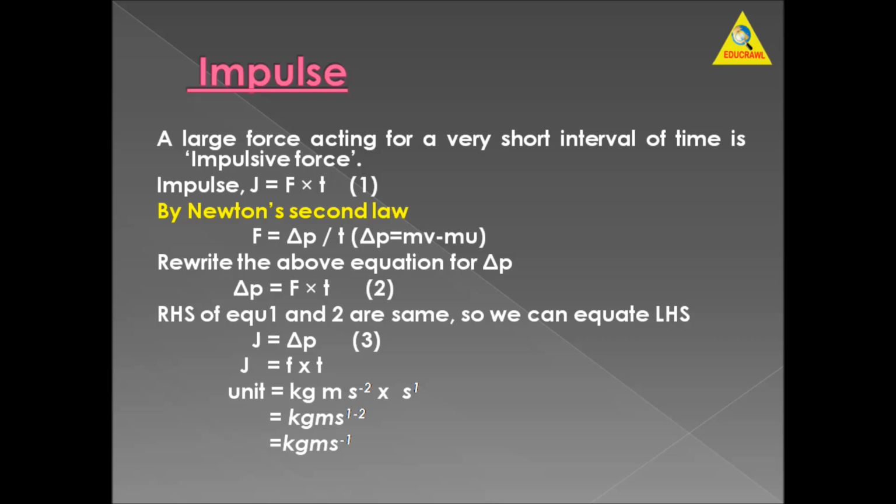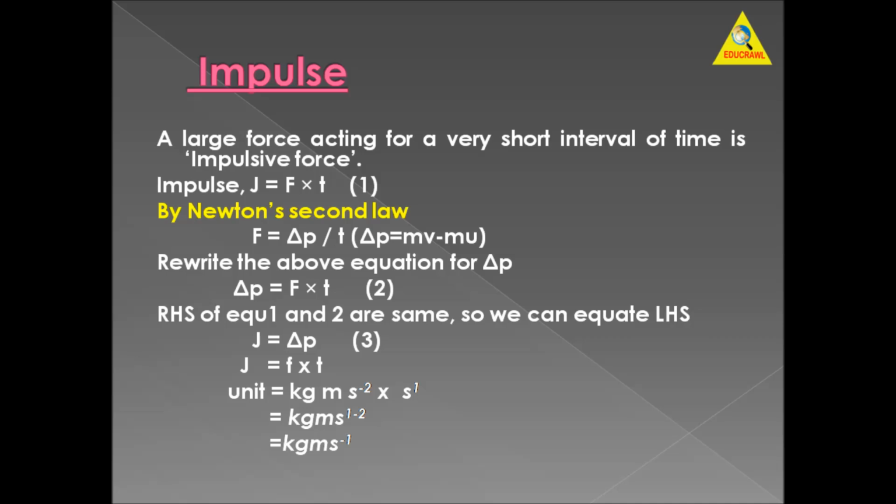Now we will see the unit of J. For that we use the definition once again. J is equal to F into t. For F, the unit is 1 Newton, which is also equal to kilogram meter per second square, or kilogram m s power minus 2, into time. For time the unit is seconds, so seconds power 1.